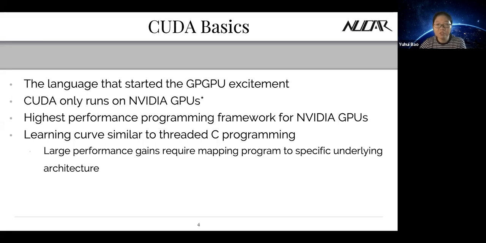You can directly use the kernel provided through the library. For the learning curve, since it is similar to C and C++, anyone who has experience with C or C++ should have no problem figuring out how to use CUDA.